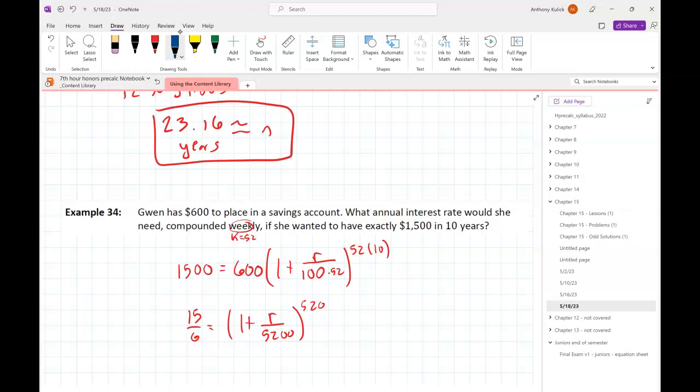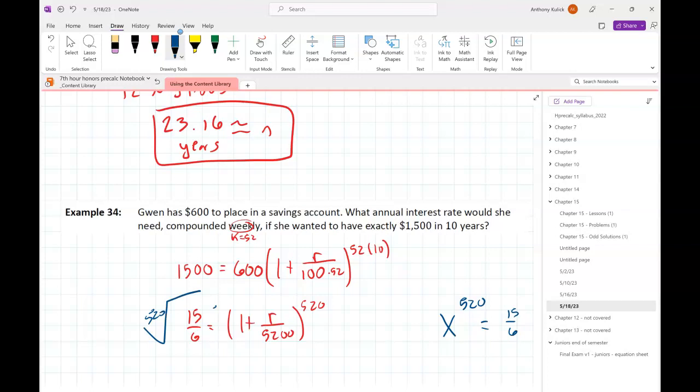What if I had just x to the 520 equals, you know, this? What would you do there? I would take the 520 root through. Exactly right. Let's do the same thing here.